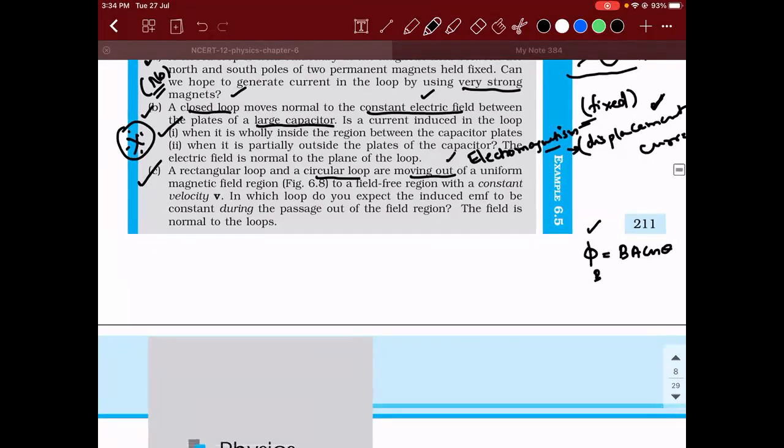Moving out of what? Of a uniform magnetic field. So B is constant. Okay, of a uniform magnetic field region to a field-free region with a constant velocity V. So whenever this concept of a coil moving out of a magnetic field comes, then what parameter changes? Area changes. This is the area that is going to change, and orientation is also constant.